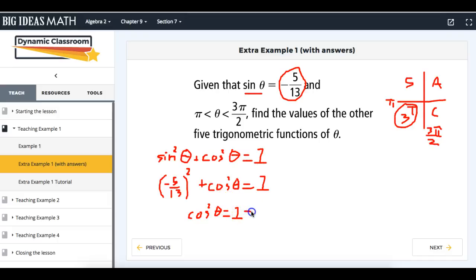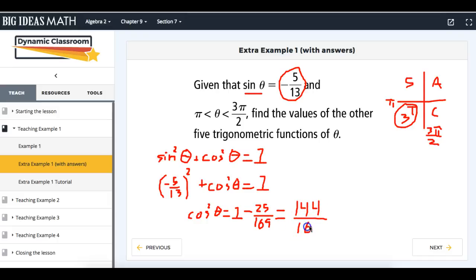So 5 squared is 25, and 13 squared is 169. So we get cosine squared theta equals 1 minus 25 over 169. Now we have to combine this, so let's turn 1 into a common denominator: 169 over 169 minus 25 over 169 equals 144 over 169.